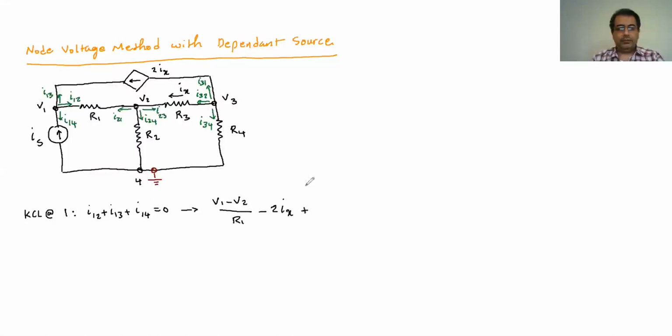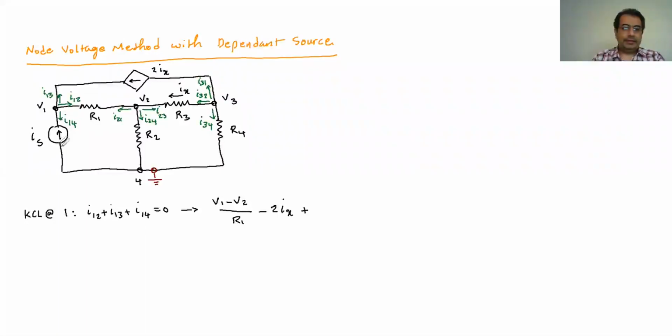And then for the I goes from 1 to 4, we have V1 minus 0. And I'm sorry, again, the same here for the one that goes from 1 to 4. We have the current source that pushes the current in that wire, and we know the current in that wire is going to be Is.